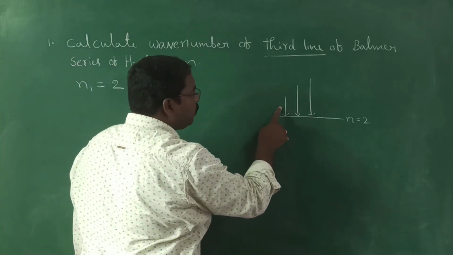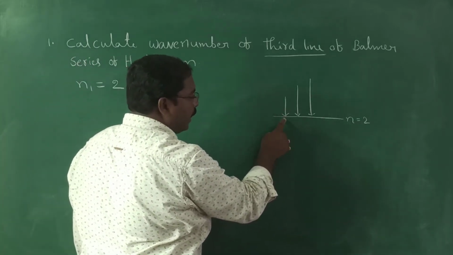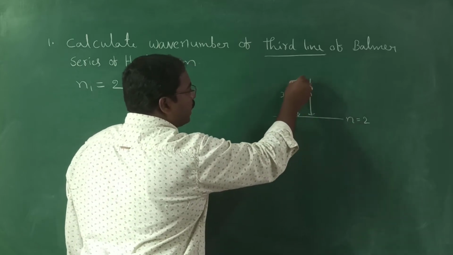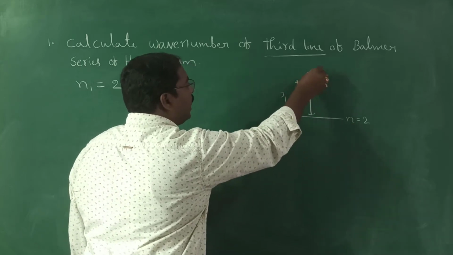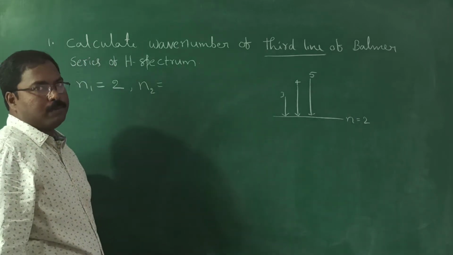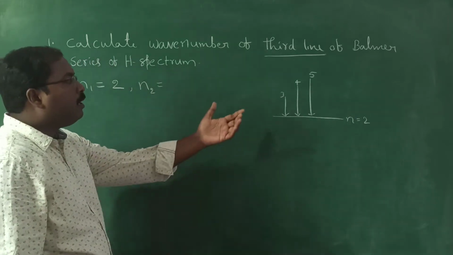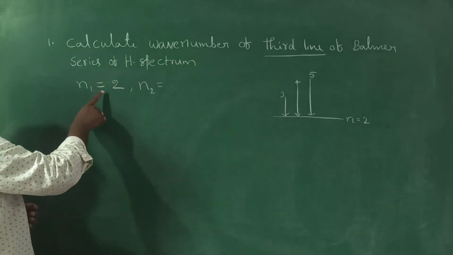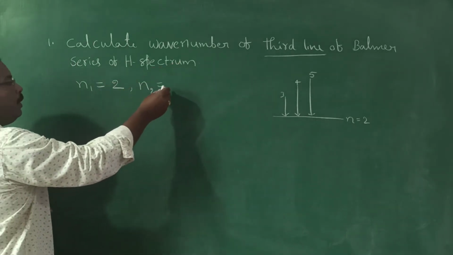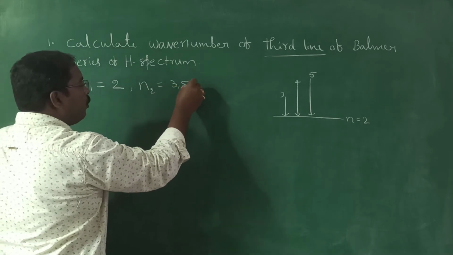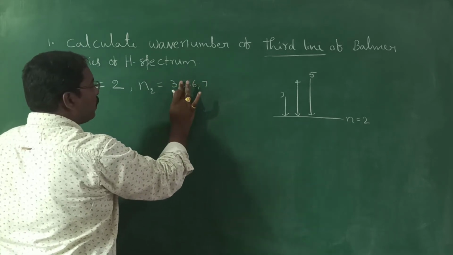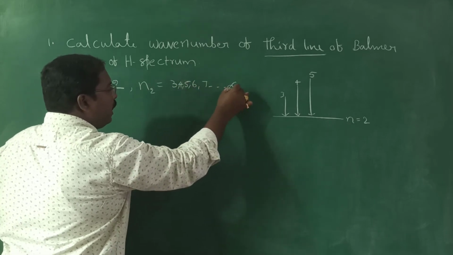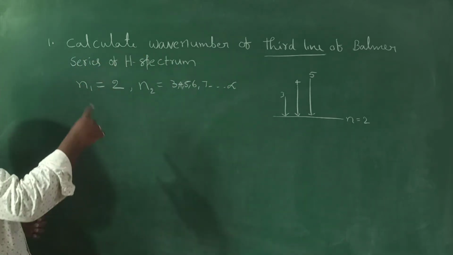Now, first line means what? This one, H alpha line. H alpha line is from 3 to 2. Next, 4 to 2. So third line is from 5 to 2. This is one way to find it. Or otherwise, look at that: Balmer series N1 is 2. N2 will be 3, 4, 5, 6, 7, and so on till infinity. So last line means infinity.